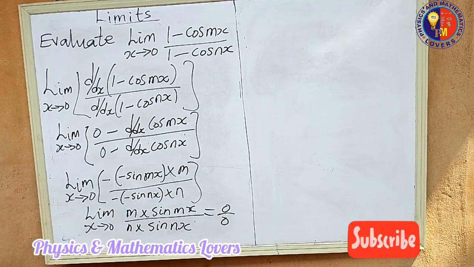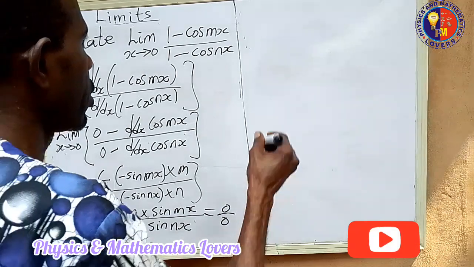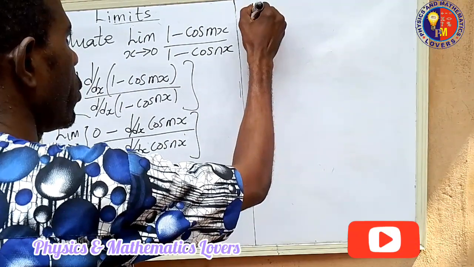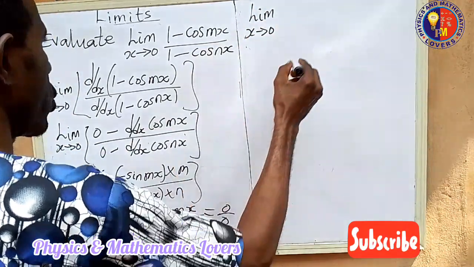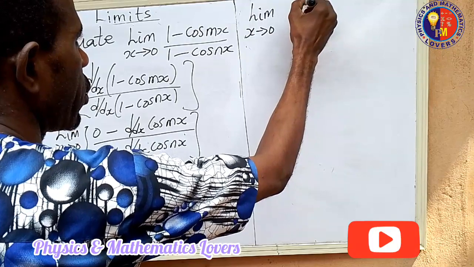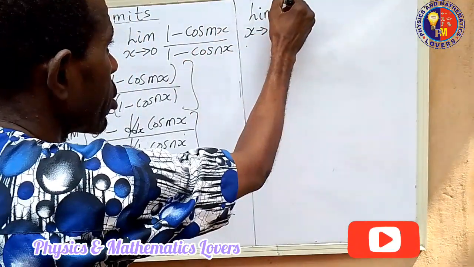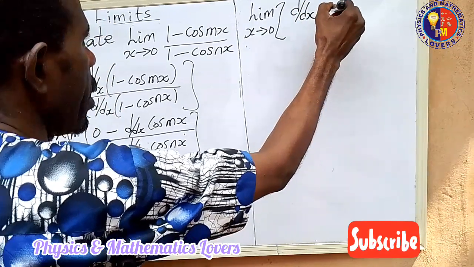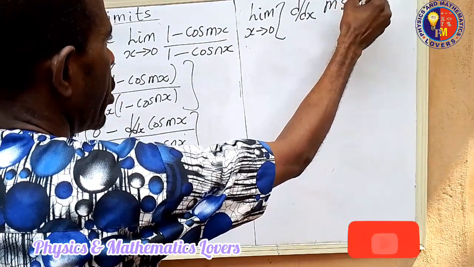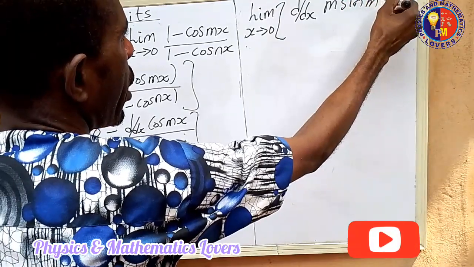Okay. So we differentiate with respect to this again. Well, we don't have what? Your limit function of s tends to 0 of this one. We have to differentiate again. We have the derivative of m sine mx.